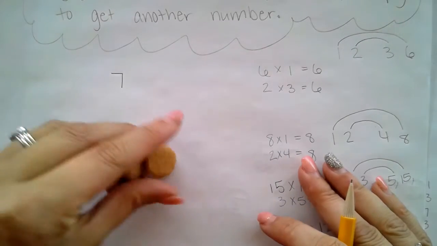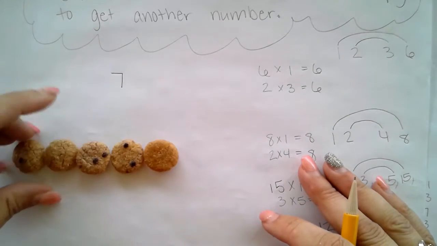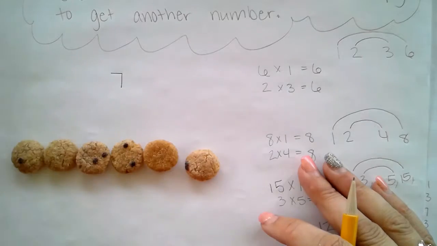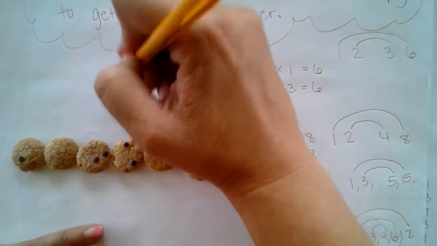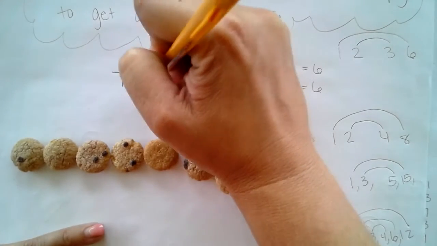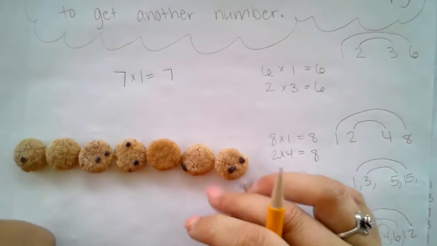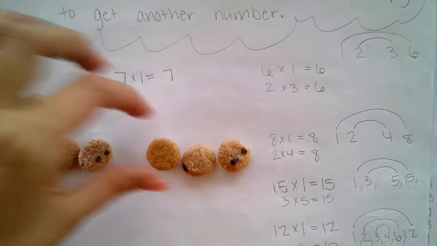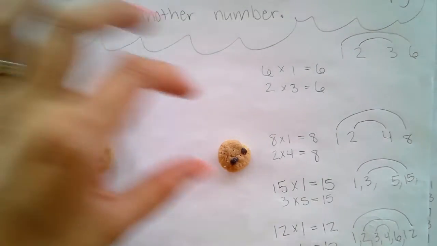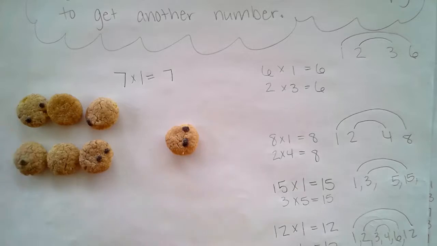If I have 7 cookies, I can do 7 times 1 equals 7. Is there any other array that I can make out of 7 that doesn't leave any left over, that's a true array? Well, if I do that, I have 1 left over, so I can't do that.